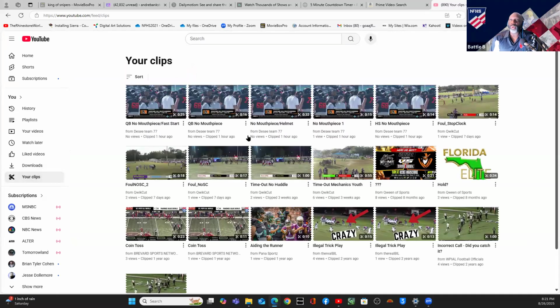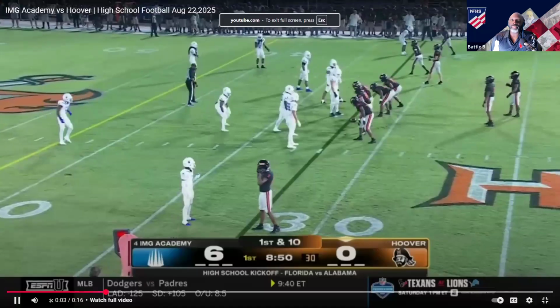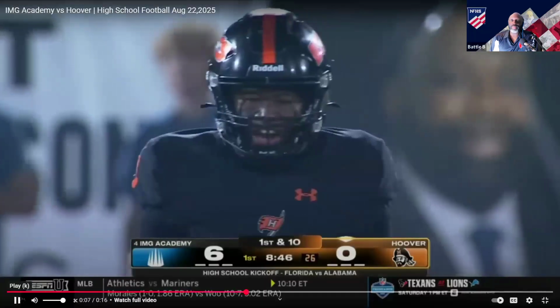So let's go to this one. The quarterback. This is the same game. I just scanned through it real fast. So you see him, he has no mouthpiece in his mouth. Absolutely none.